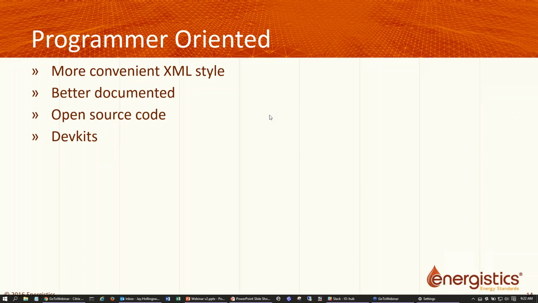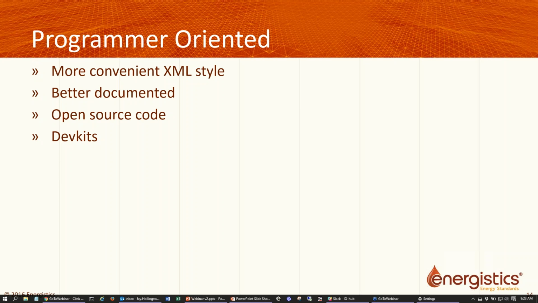All right, programmer-oriented. So in thinking about the next generation of standards, the members thought about who is the person who actually uses the standards. Drilling engineers care about the details of what data is being moved from the field into the office. Managers care that the workflows that they're trying to enable to make money for their company are being covered by the transfer standards.